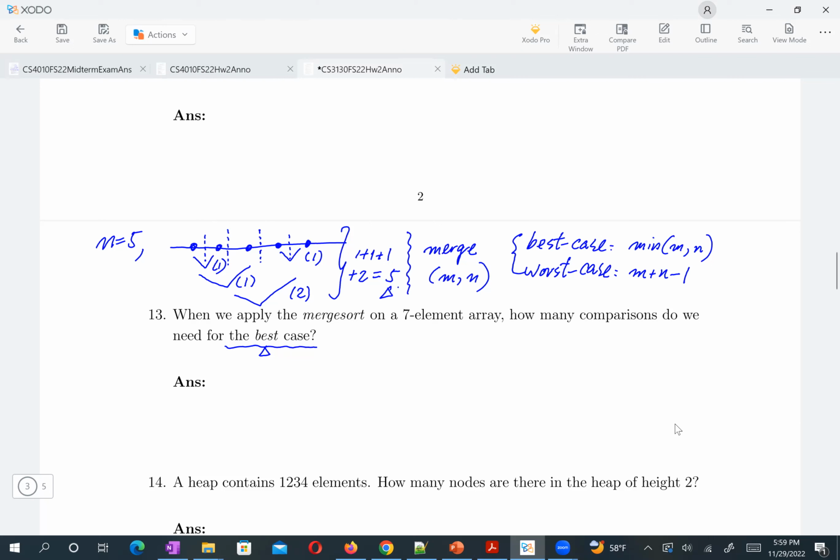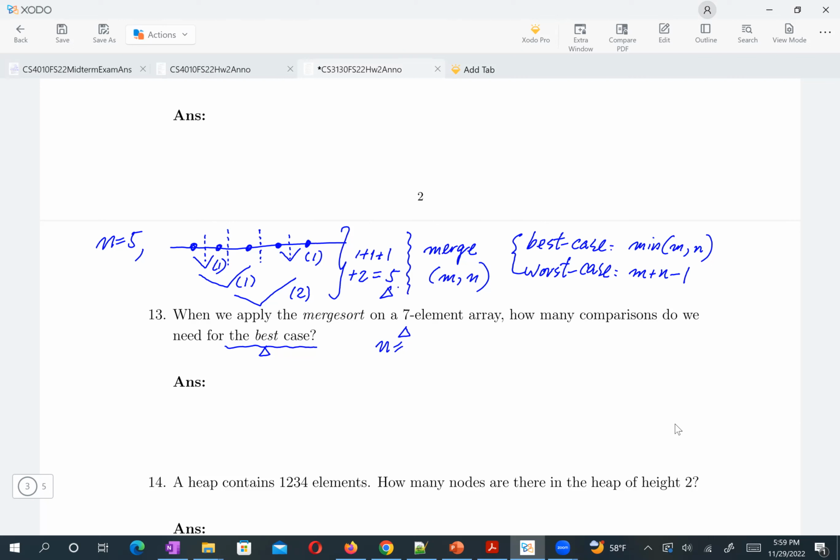For this question, you just apply n equals 7 using the best case formula in this way. But when you do the split, make sure you split in the right way, in multiple rounds. Starting from the bottom level, merge.